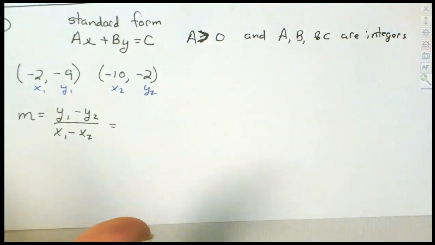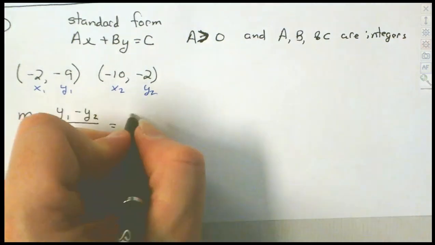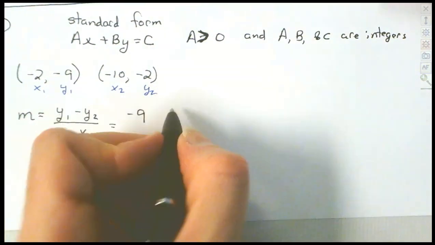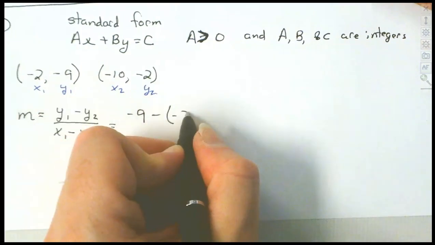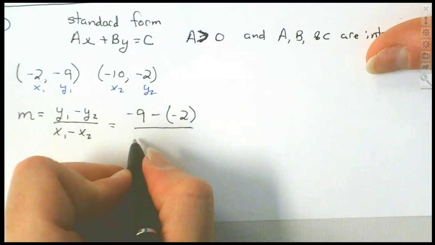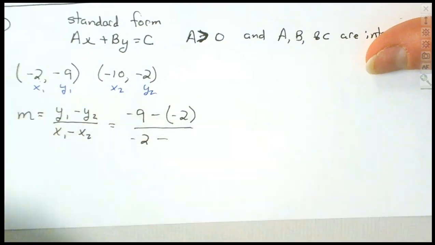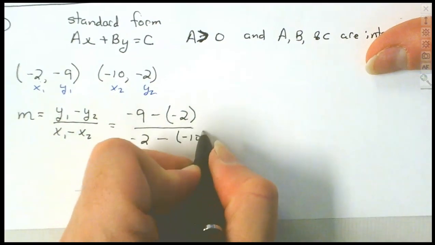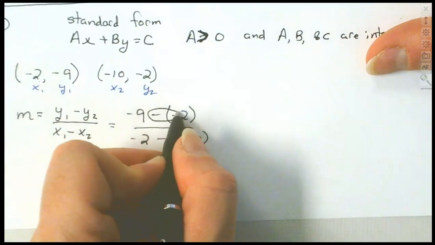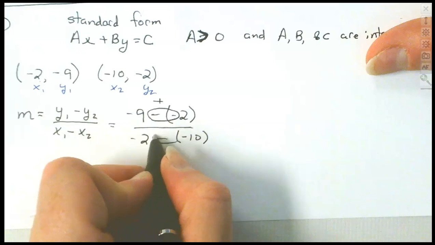Be very, very careful again about the double negatives. So that's going to be minus 9 minus negative 2 over minus 2 minus negative 10. See all the double negatives. Be careful with those. Double negatives make it positive.